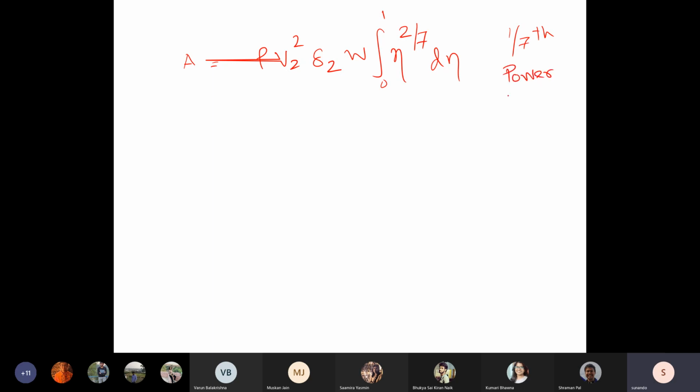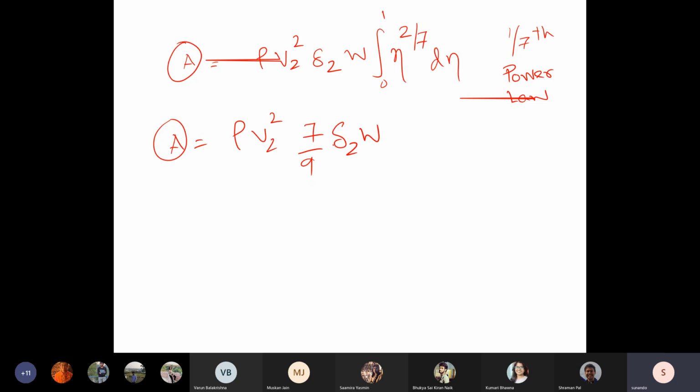It would simply equal rho v2 square delta 2 w integral from 0 to 1 of eta to the power 2 by 7, since I have the velocity squared, times d eta. I have used the 1/7 power law since it has been mentioned that this is turbulent, and therefore I use eta to the power 1/7. So this term A would simply be equal to rho v2 square 7 by 9 delta 2 W.